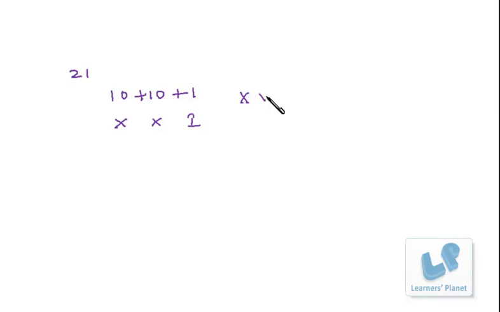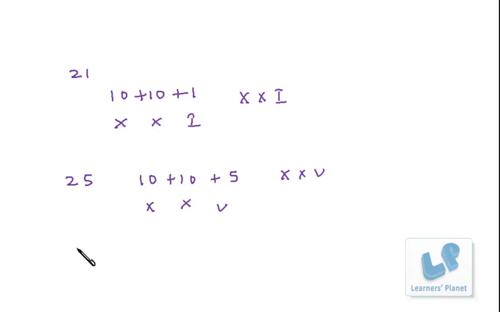So it's XXI. Okay. Similarly, if we wish to write 25, so what we will do? It's 10 plus 10 plus 5. Okay, so 10 is X, 10 is further X and 5 is V. So it's XXV.